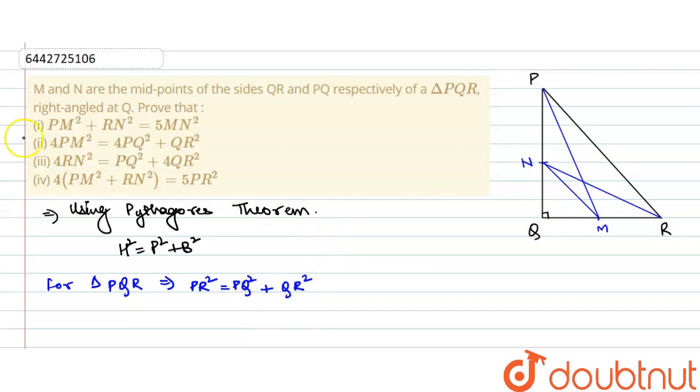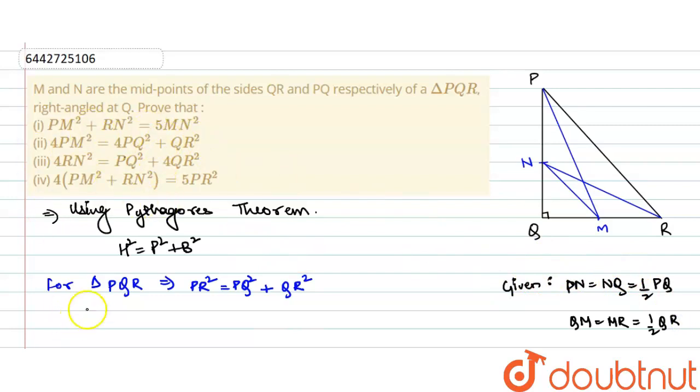Also, it is given that M and N are midpoints, therefore PN is equal to NQ is equal to half of PQ, and QM is equal to MR is equal to half of QR. These are the two equations that are already given to us since they are midpoints.